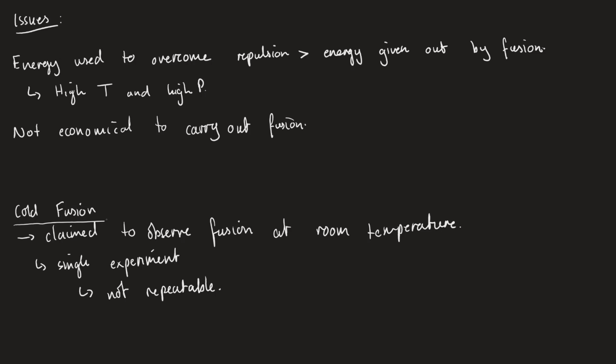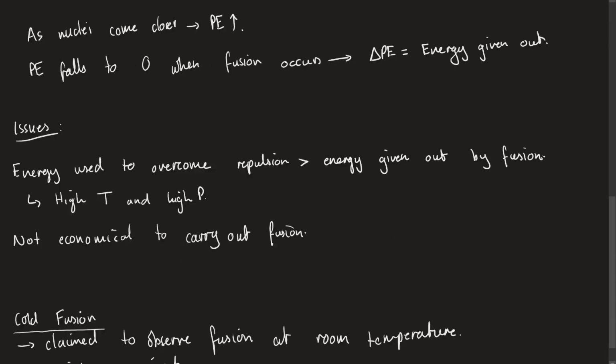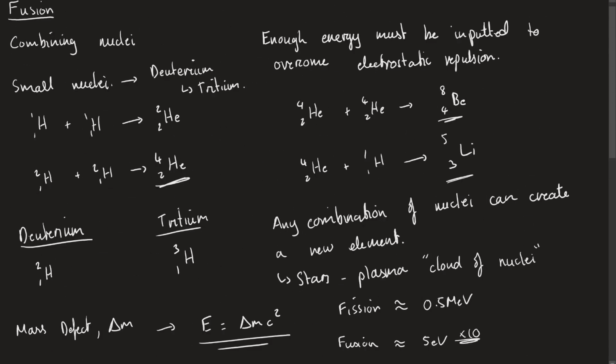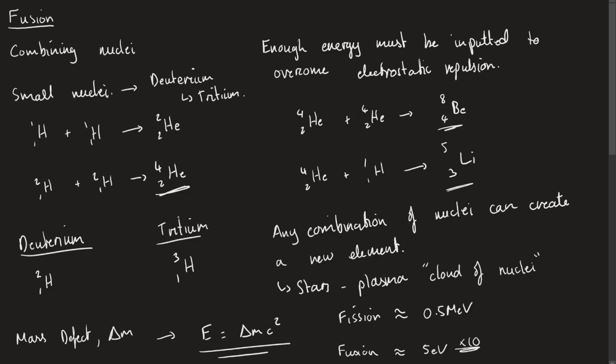So this is now going to wrap up fusion. So we know that fusion is just going to be the collision, or the very high velocity collision of nuclei to overcome those electrostatic repulsion, then leading into the strong nuclear force range. We know that any combination of nuclei creates a new element because we've changed the number of protons. This happens in stars.